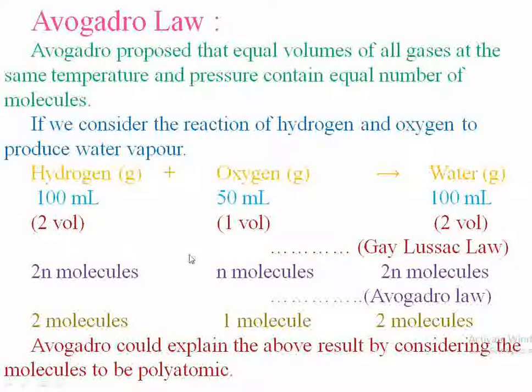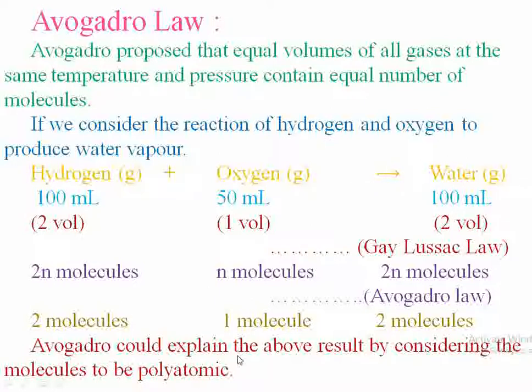In Gay-Lussac law there is a consideration of these volumes, and 2n molecules of hydrogen combine with n molecules of oxygen to form 2n molecules of water. This is according to Avogadro's law, because Avogadro's law proposes that equal volumes of all gases at the same temperature and pressure contain an equal number of molecules. Therefore, 2 molecules of hydrogen combine with 1 molecule of oxygen to form 2 molecules of water.